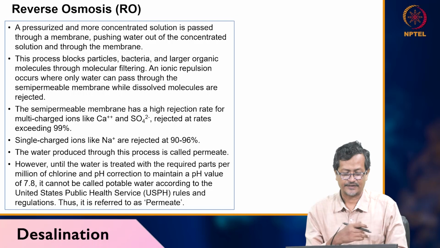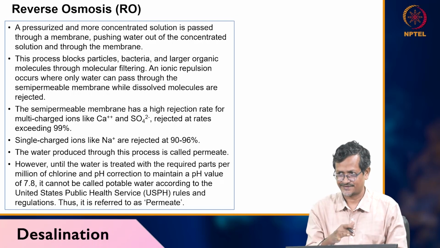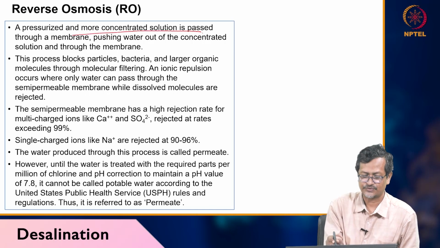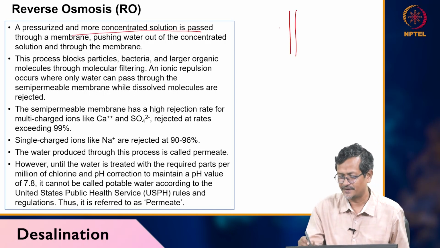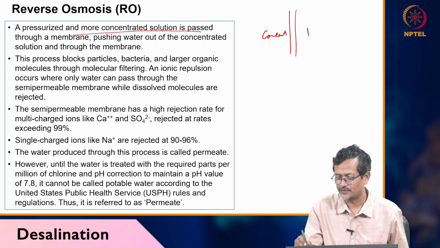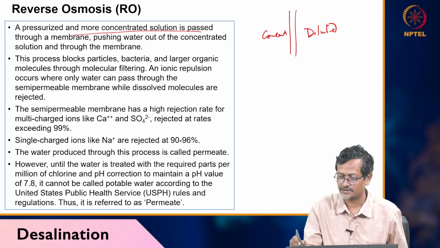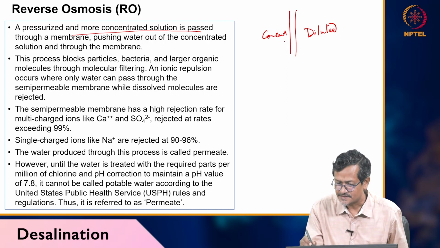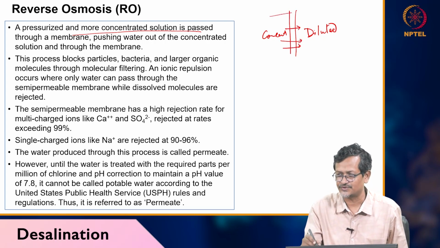Then reverse osmosis will be the opposite. How is it happening? A pressurized and more concentrated solution is passed through a membrane. So now we have a membrane, we have a concentrated solution, and we have a diluted, low concentration solution. In this case the concentrated solution will be passing a certain amount of fluid to the diluted solution.